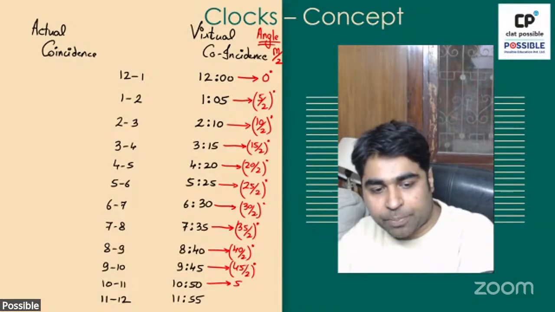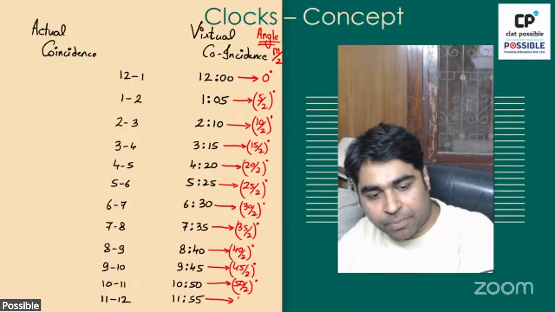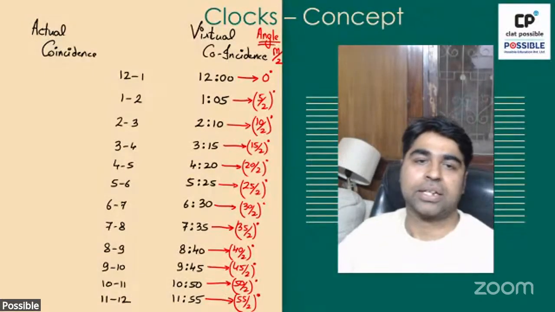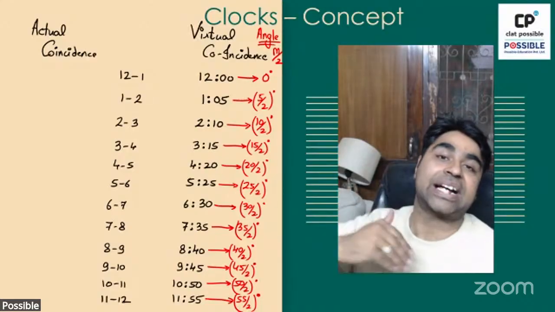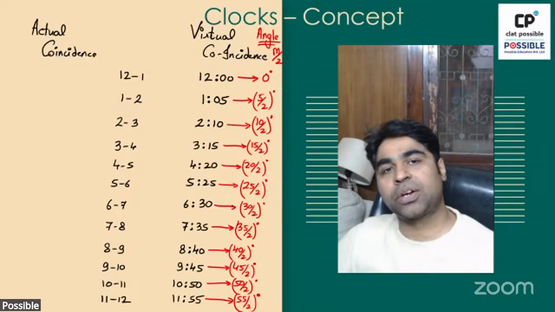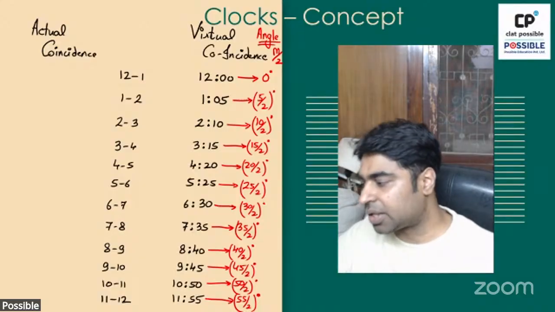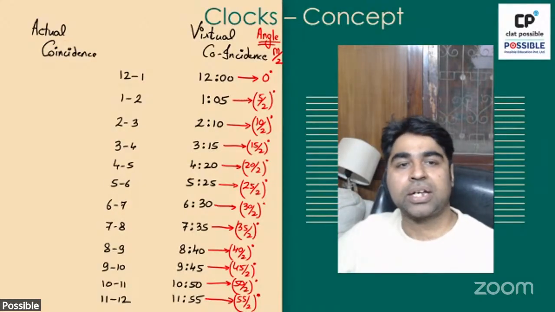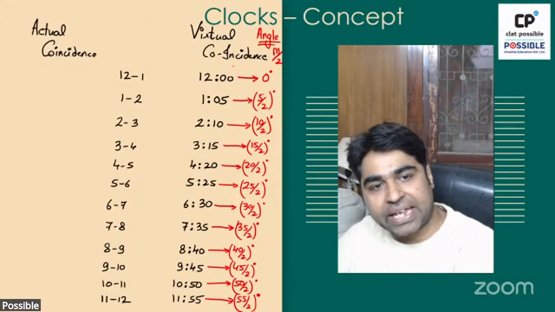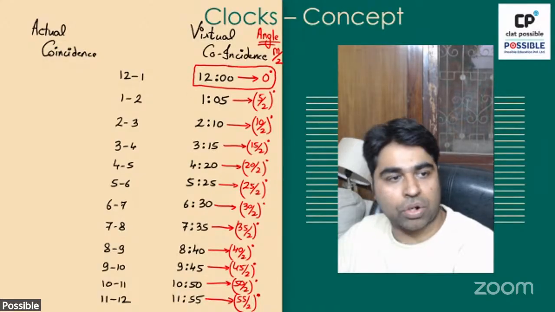It is 50 upon 2, 25 degrees. It is 55 upon 2, 27.5 degrees. तो जो हमें लगता था कि इस टाइम पे कोइंसिडेंस होता होगा बिटवीन द आवर हैंड एंड द मिनट हैंड, उस टाइम पे एक्चुअली नहीं होता है. उस टाइम पे सिर्फ इकलौता एक टाइम है जहां पे होता है, एंड दैट इज ओनली 12 o'clock.